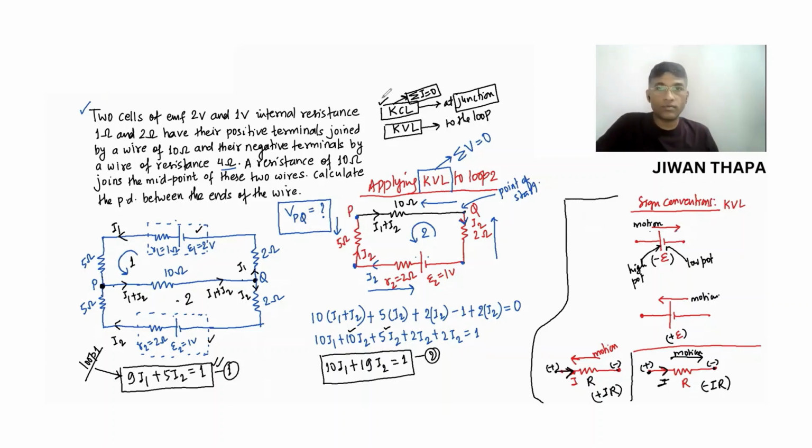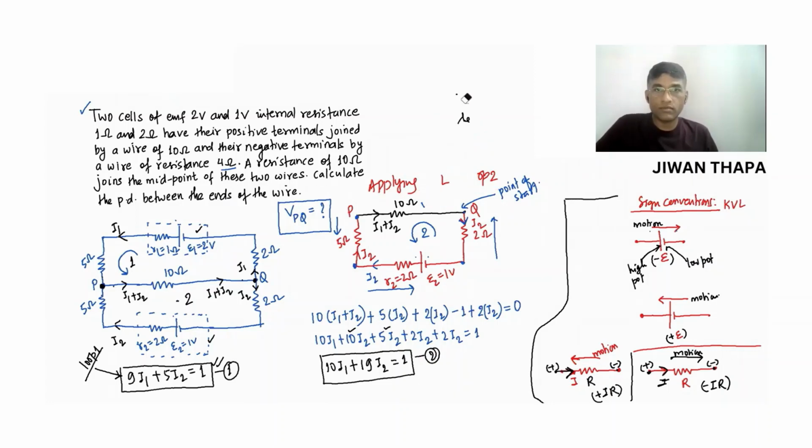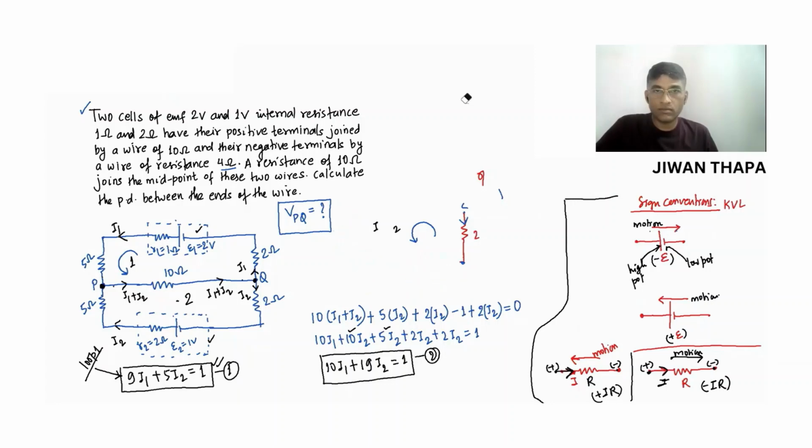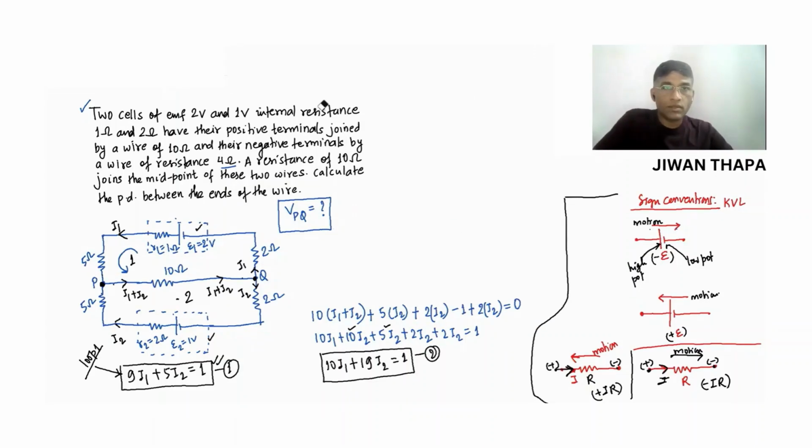I'm erasing this. I'm rewriting equation 1 over here: 9 I1 plus 5 I2 equals 1.